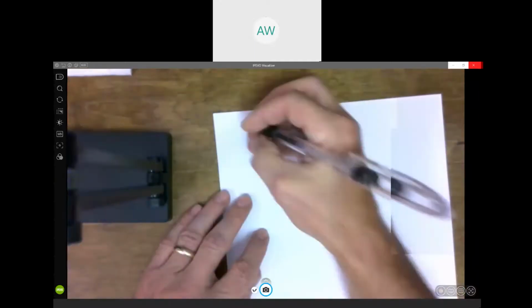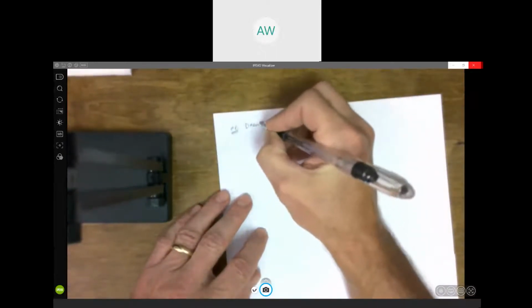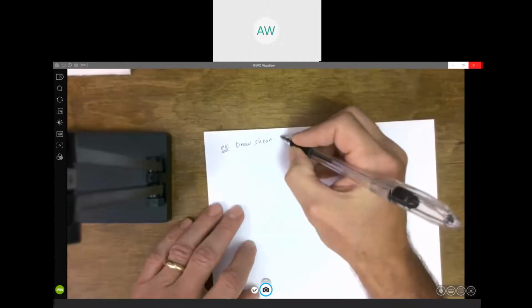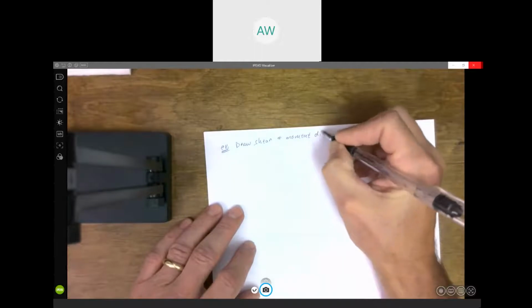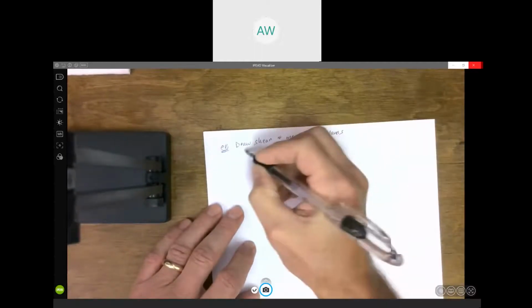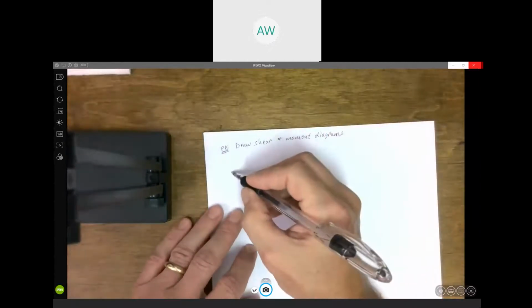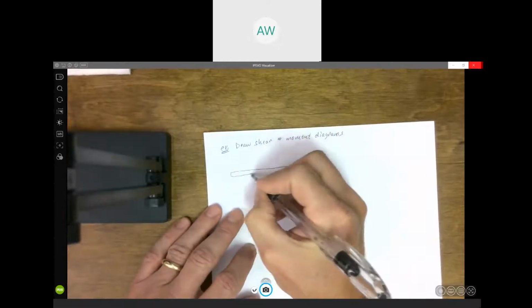All right, so let's see if we can. We're going to draw the shear and moment diagram. And let me draw this. Got this beam.